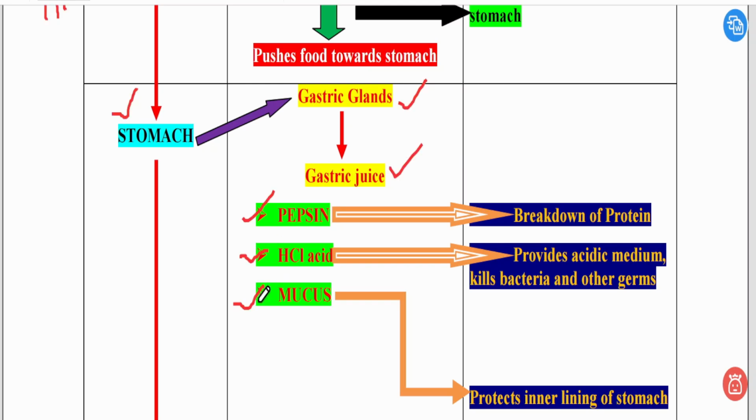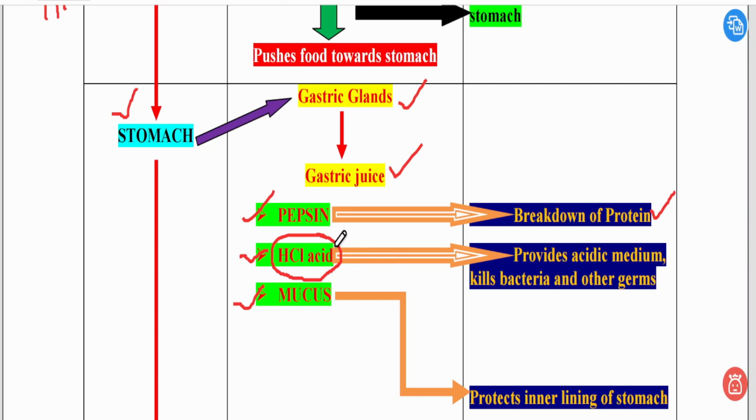So these are the three components present in gastric juice, and this pepsin helps in the breakdown of different types of proteins. But the breakdown of protein takes place only when the gastric juice creates an acidic medium, and that acidic medium will be provided by what? By HCl, that is hydrochloric acid.